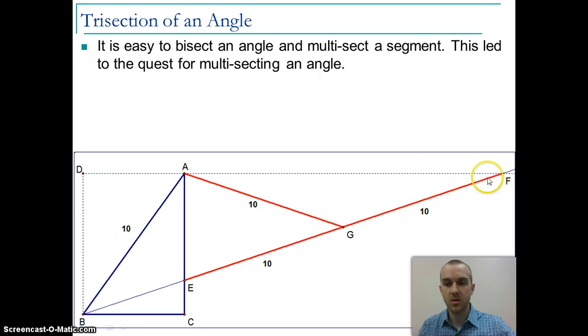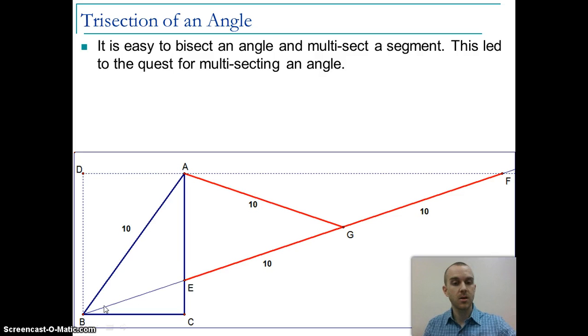I also know that AFG would be equal to EBC because that is an alternate interior angle, since these two lines are parallel. So what that means is that my angle here, ABE, is double EBC. In essence, I have trisected angle ABC.